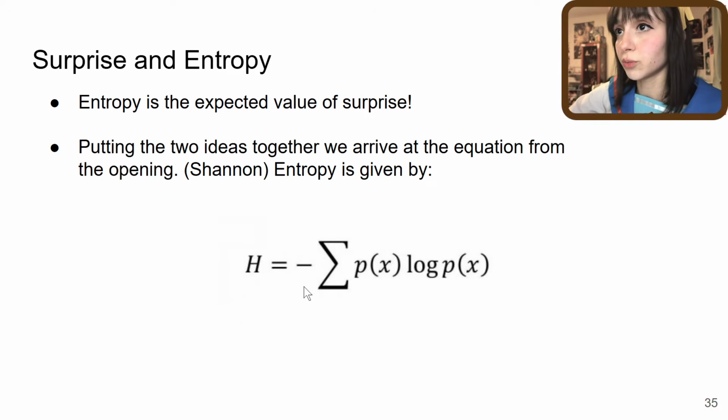So just to digest this formula a little bit, this is the expected value of my surprise. So the surprise is the log of p times this probability p of my surprise.